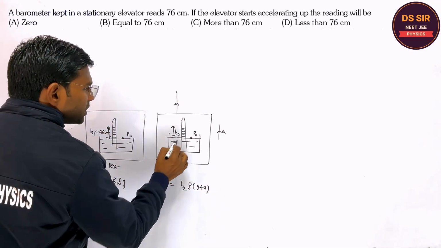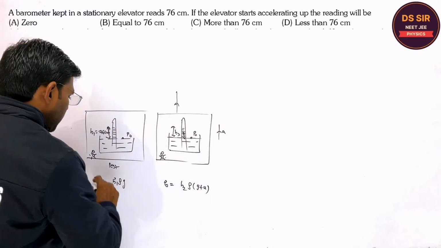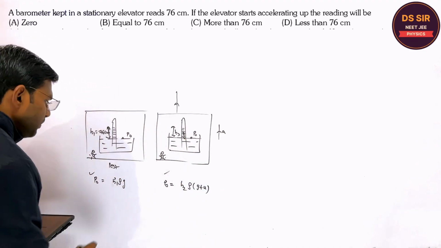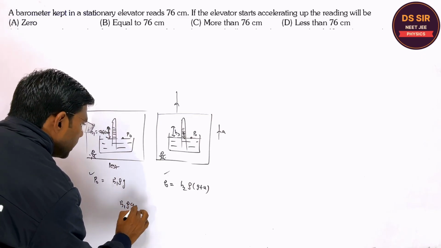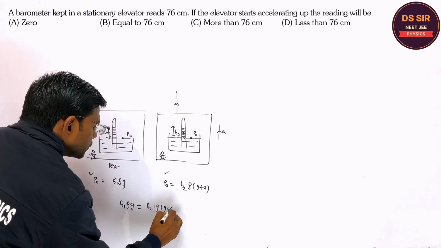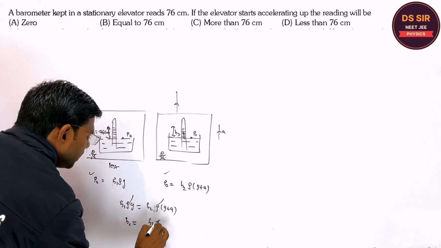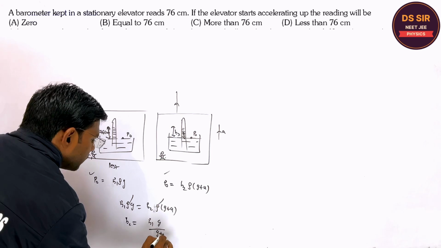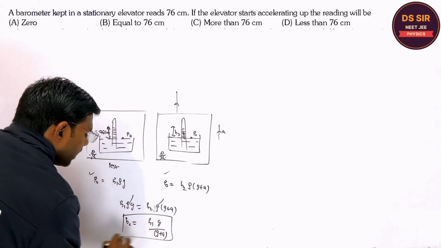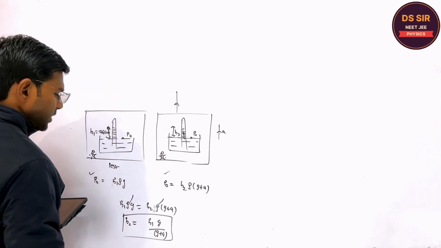Because with respect to this, the acceleration due to gravity becomes G plus A, but the pressure is the same. So H1 rho G is equal to H2 rho into G plus A. Rho will cancel out, so H2 is equal to what? H1 into G upon G plus A. You tell me. The height of the barometer when it is moving up will increase or decrease?